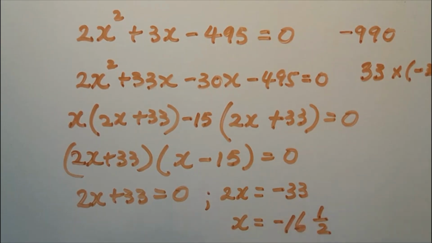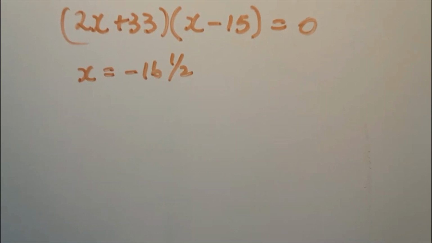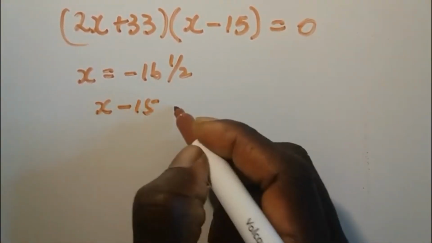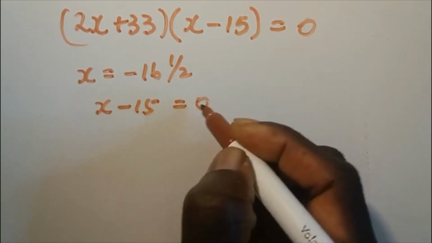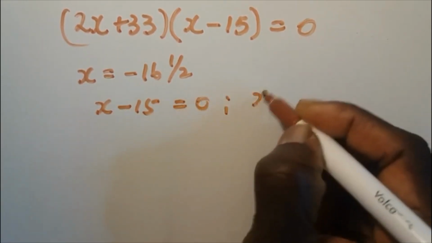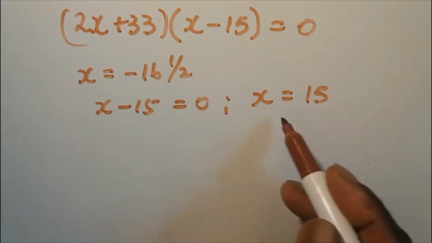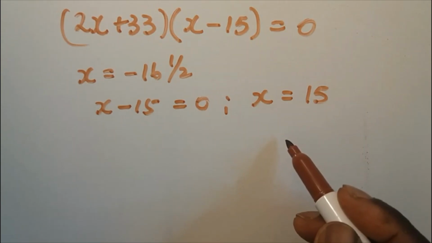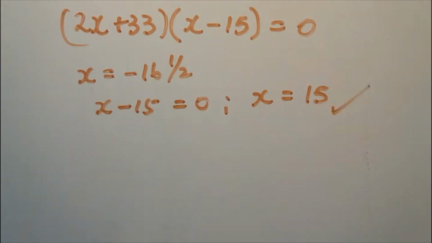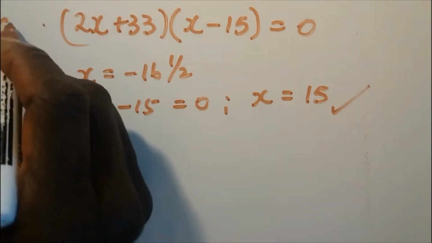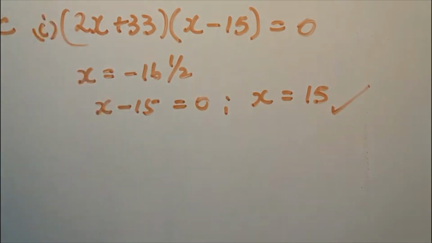And the other value of x will be x minus 15 is equal to 0, which implies that x is equal to 15. Only one of these will form a solution, the positive value of x, because we can't have a negative length. So x is 15. So this is C, I, part I.